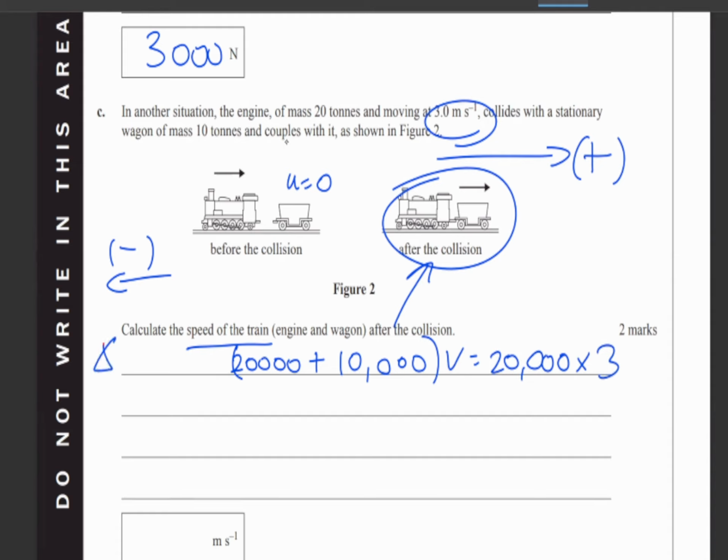So that's momentum, the momentum formula, that's what I used. And then V should equal, meters per second.